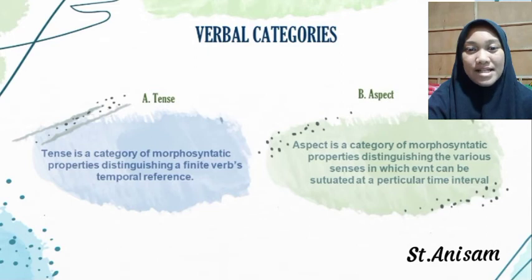And the second one is aspect. Aspect is a category of morphosyntactic properties distinguishing for a finite verb the various senses in which an event can be situated at a particular time interval.